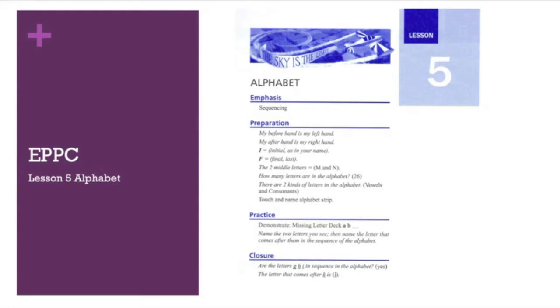So to wrap up the example of EPPC, emphasis, preparation, practice, and closure, this is an example from the teacher's guide of every one of those that we just went through. The closure is always going to be something as a review of the activity that we just learned or a prior activity related to alphabet.